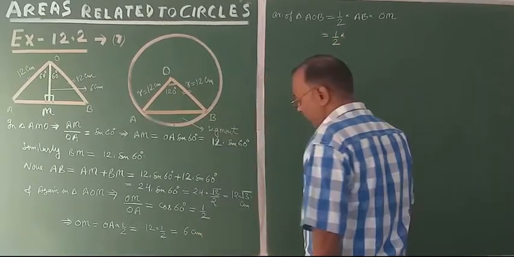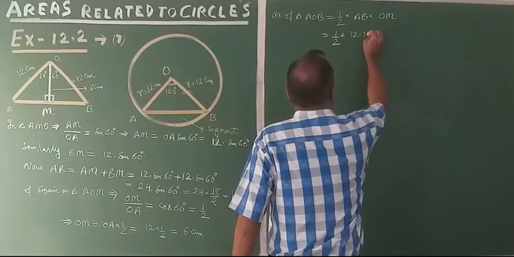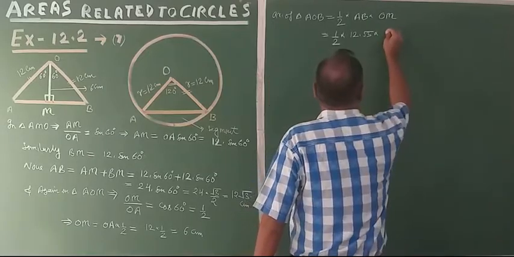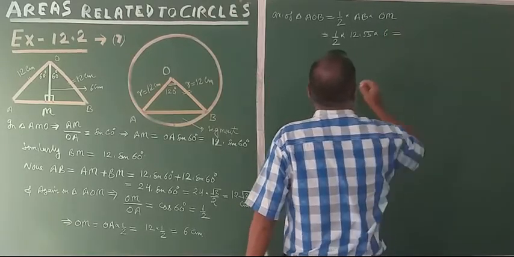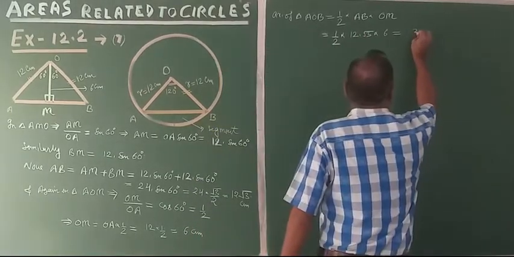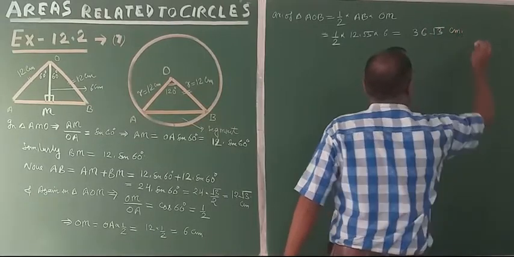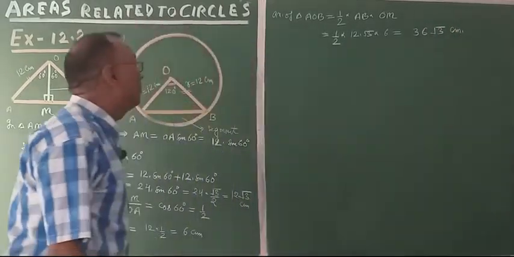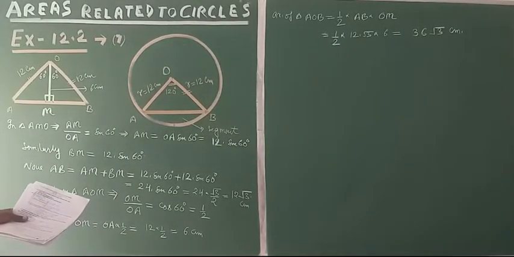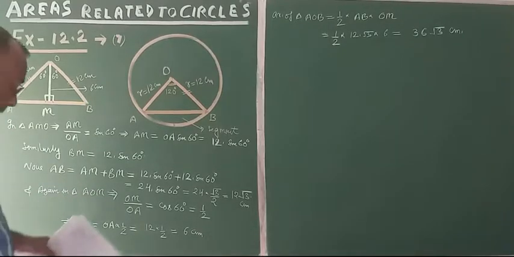AB is how much? 12 under root 3, and the height is how much? 6. Height is 6. So 2 sixes are 12, 6 sixes are 36 under root 3 centimeter square. So what is the value of area of triangle? 36 under root 3.